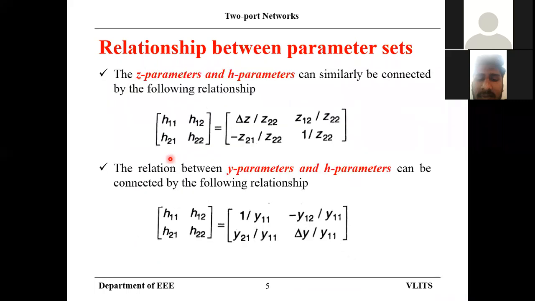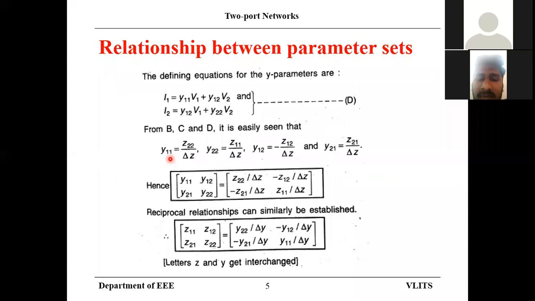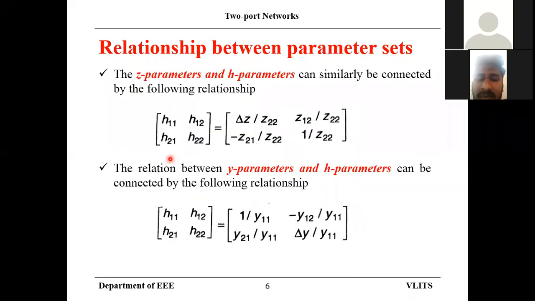In a similar way, this represents the relation between z parameters and h parameters. In the previous case, this was the relation between z and y parameters, and there I have explained the proof also. But for the next relations, I am not going to explain the proofs. Don't worry, those proofs are also very easy. Those are some mathematical equations that you have to solve.